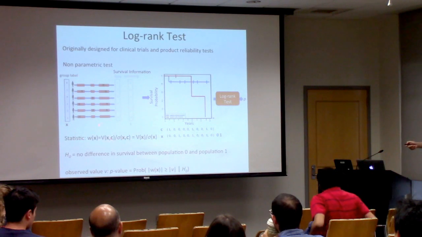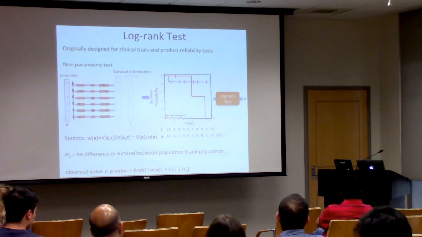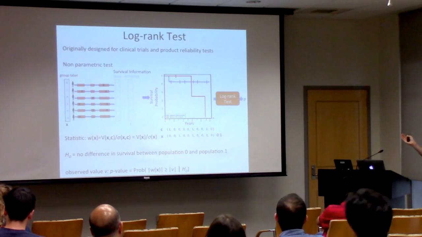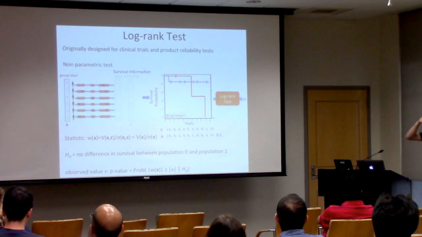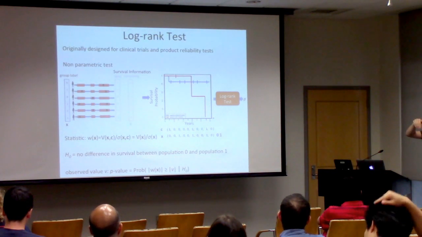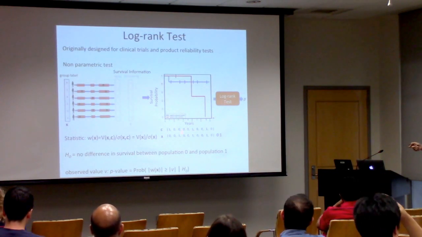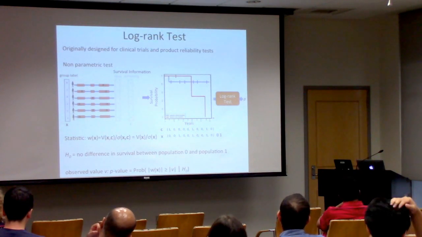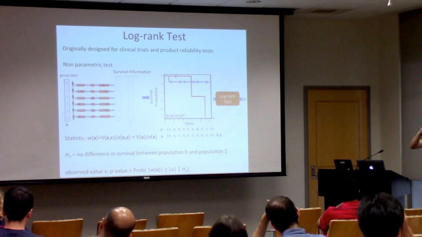Okay, so V is actually the test statistic and is just the sum across the different time points, the time points in which I have an event, of the difference between the observed number of events in one population minus the expected number of events for that population. So now, once I have conditioned on a particular time, I will have two groups of, let's say, n0 elements and n1 elements.